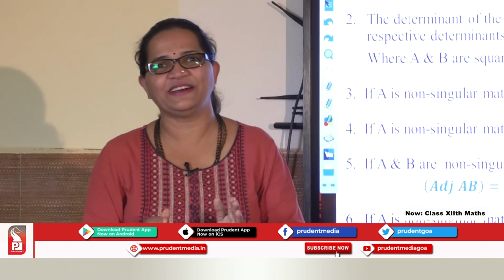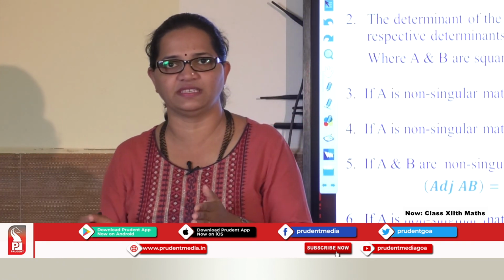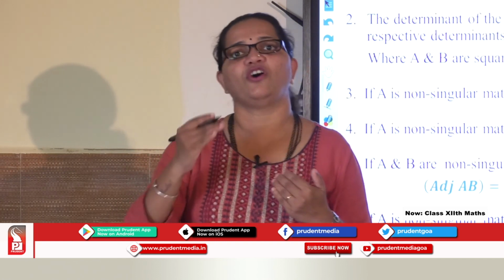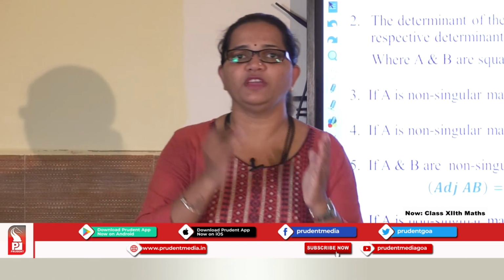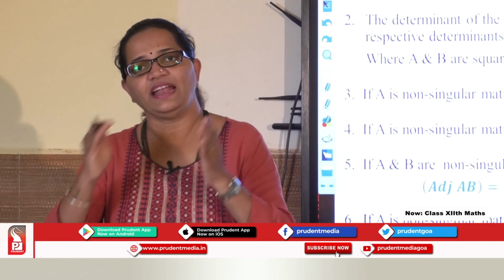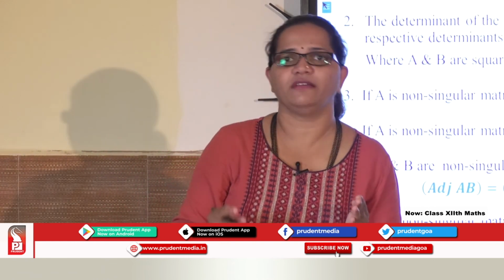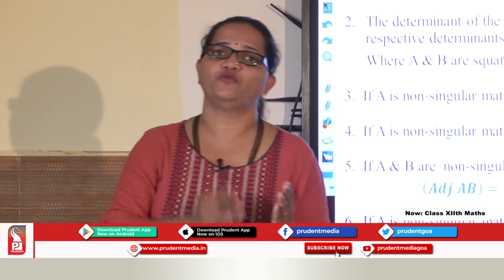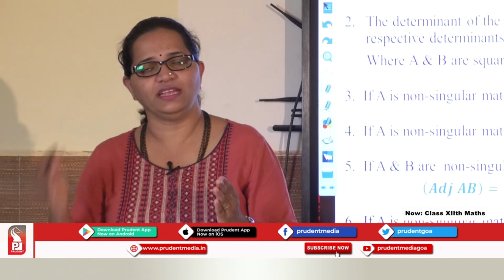Okay, with this theorem we finished the entire topic of invertible matrices. In this topic we discussed two methods of finding inverse. In the first method, we show a given particular equation exists and then we find A inverse. In the second method, which is a very important method, we use the adjoint method to find inverse and we solve problems of inverse.